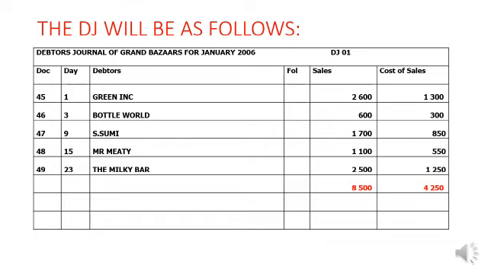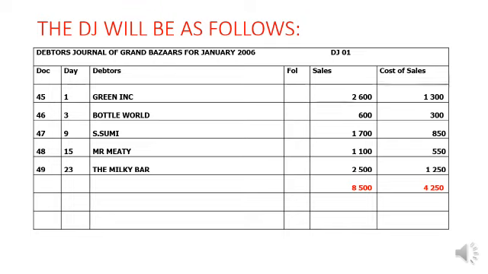We multiply that by 100 divided by 200, or half of that, which is 850. Then day 15, invoice number 48, Mr. Miti, 1,100. Divide that by 2, 550. Then the last date, day 23, invoice number 49, the Milky Bar, 2,500. Times 100 over 200, that's 1,250.